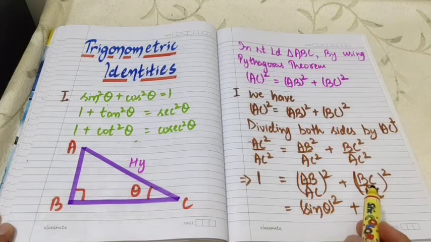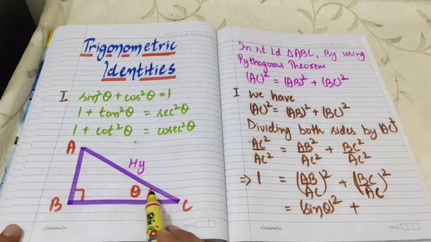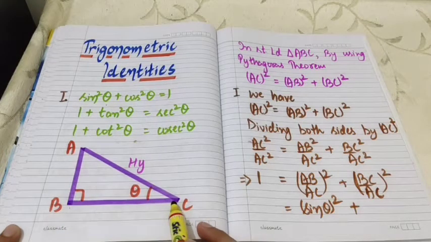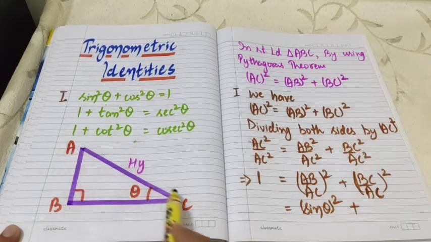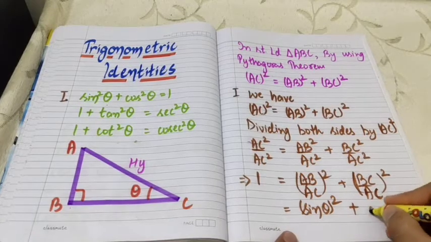Similarly, BC divided by AC. With respect to angle theta, BC is the adjacent side and AC is the hypotenuse, and we know that the ratio of adjacent side to hypotenuse is cos theta.